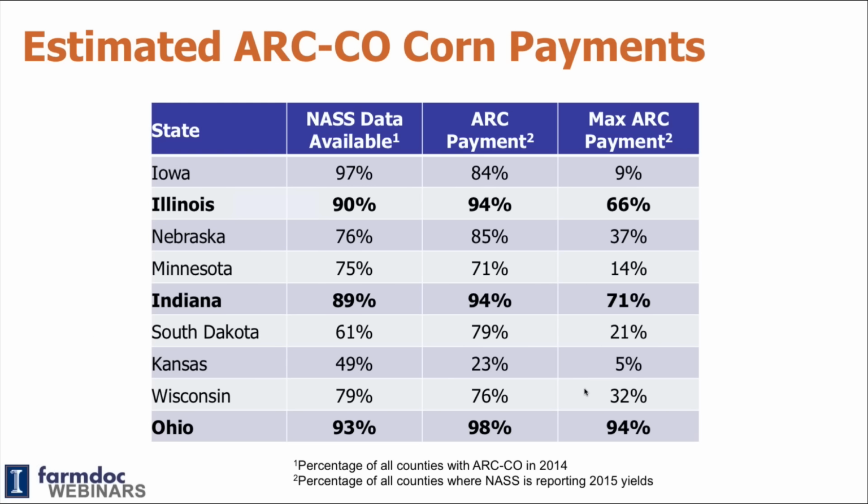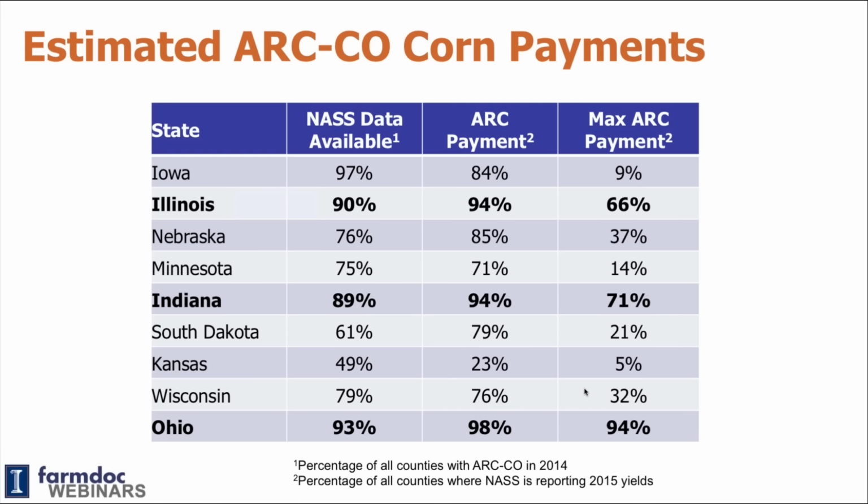So if we look at how many counties are actually going to receive payments across some states, I highlighted Illinois, Indiana, and Ohio, the heart of the Corn Belt, the three states that, in addition to having the low price effect, had good yields, but maybe not as good as other parts of the country relative to historical. Over 90% of the Illinois counties are expecting an ARC payment.